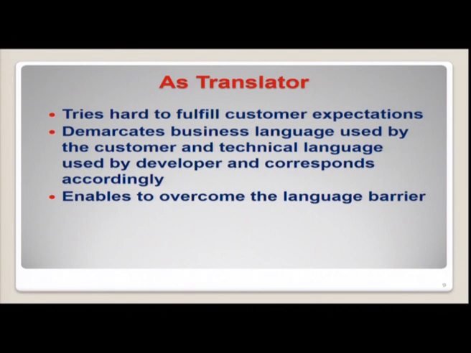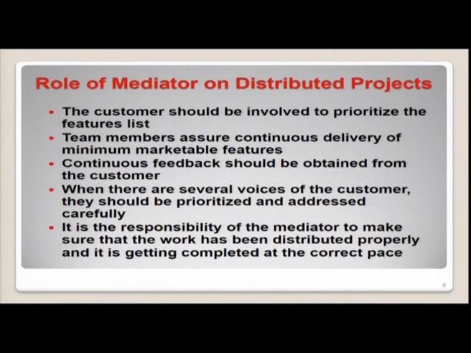First of all, they will satisfy the customer needs, but later, while delivering the final product, they will see to it that the customer is delighted rather than just satisfied. Delight is more than satisfaction, more than what he requires. So the Agile software team usually delights the customer, and he tries hard to fulfill the customer expectation.